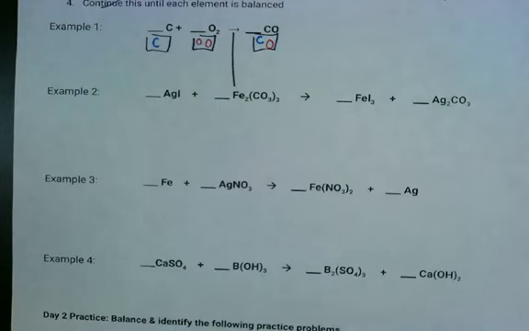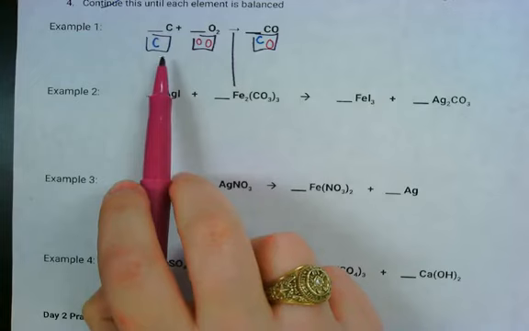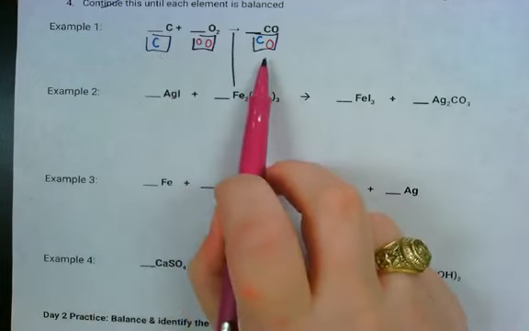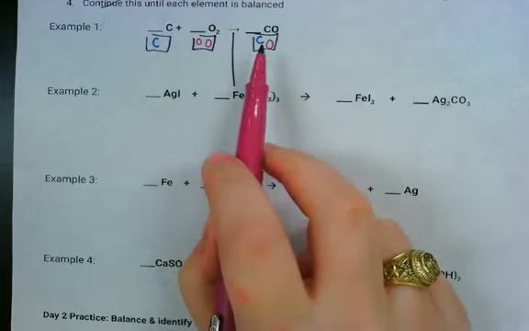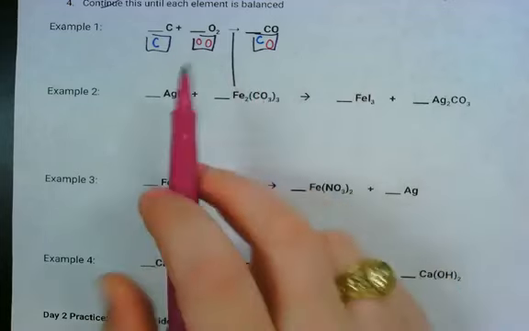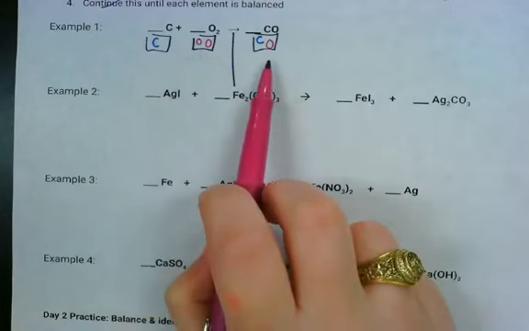Now the next step is to count up. Alright, so how many C's are on this left side of our line? Well, we've got 1. How many are on the right side of the line? We have 1. Awesome. So that means our C's, our carbon, is balanced. Let's check our O's. We have 2 on the left side and only 1 on the right.